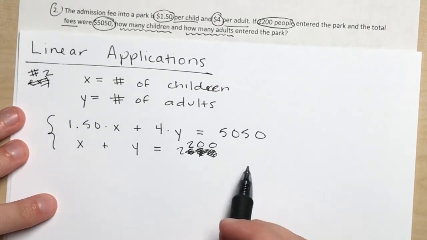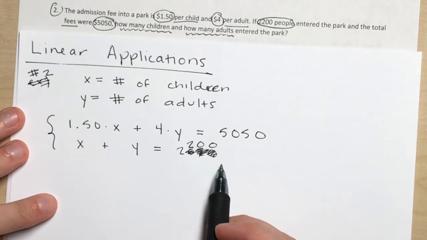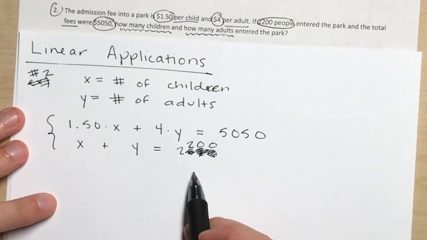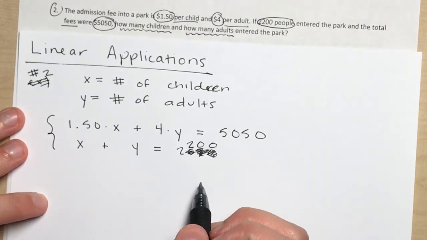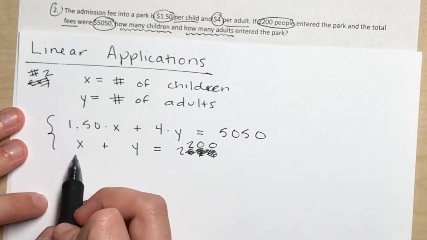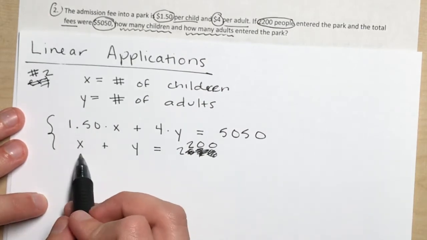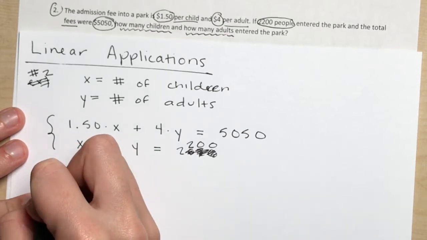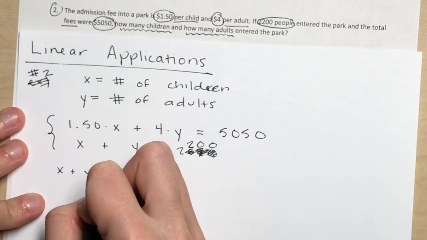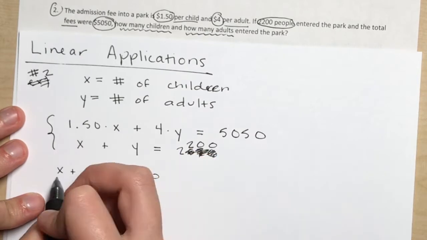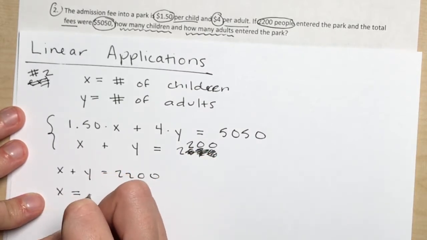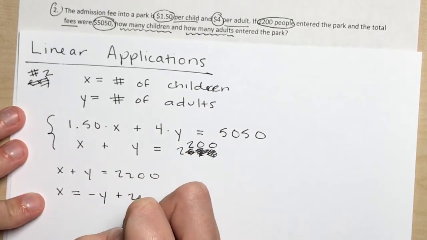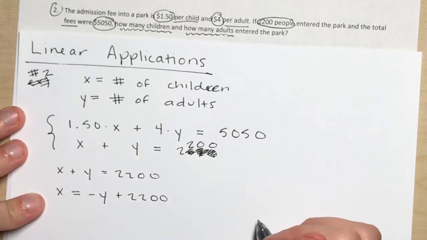We can either solve this using elimination or substitution. We're pretty easily set up for substitution, so let's go ahead and do that. It would be very simple for us to solve for either X or Y here. So I'm going to go ahead and solve for X. That would just mean moving Y over to the other side, so X equals negative Y plus 2,200.